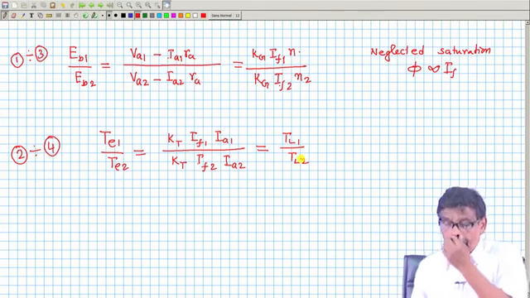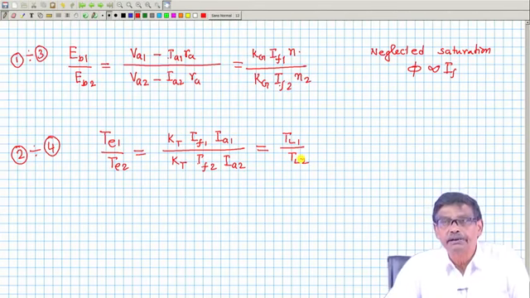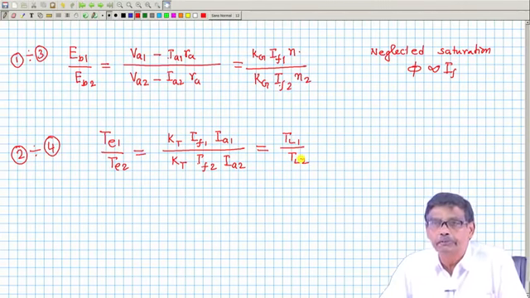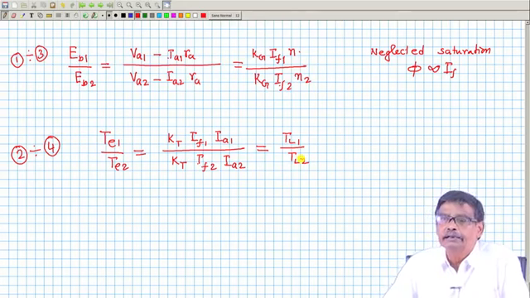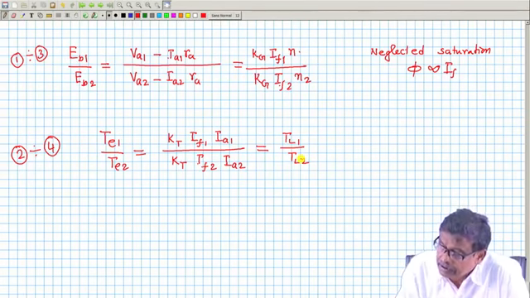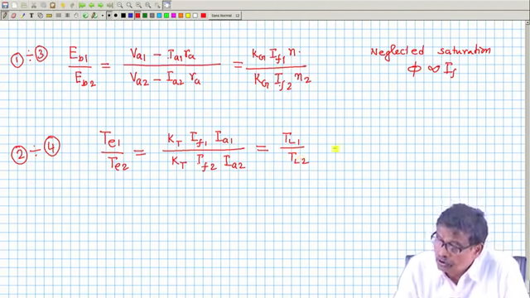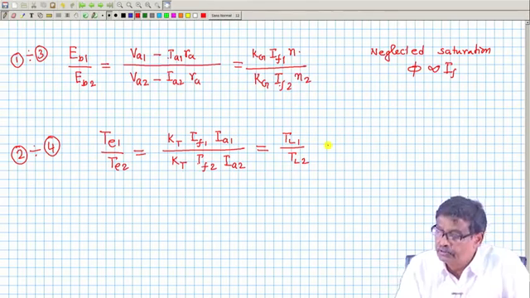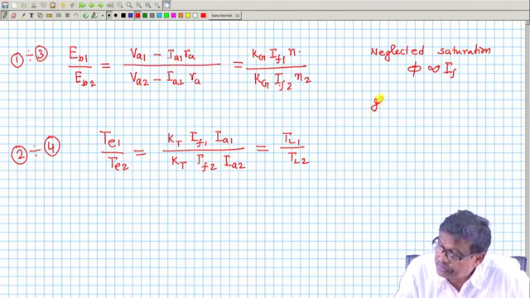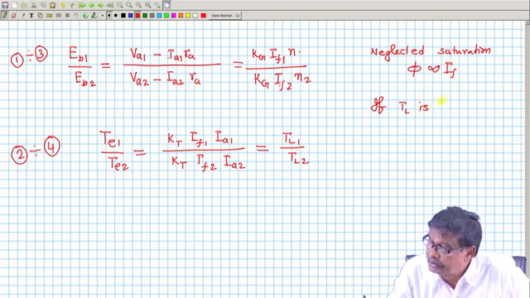Got the point? Load torque, mechanical torque present on the shaft of the machine may also depend on speed. I do not know. If I say that it is a constant opposing load torque, then TL1 and TL2 will be same.